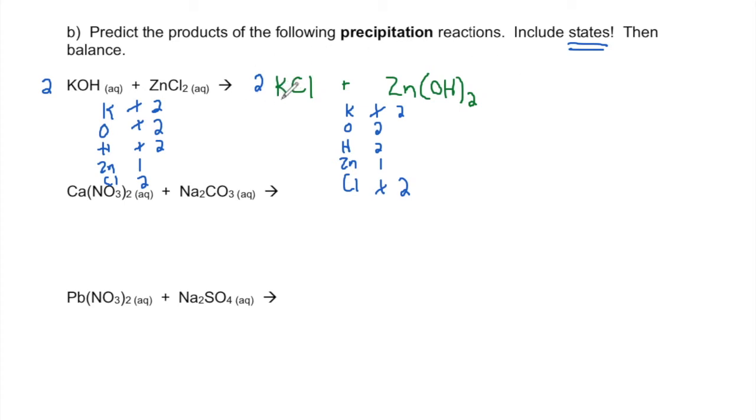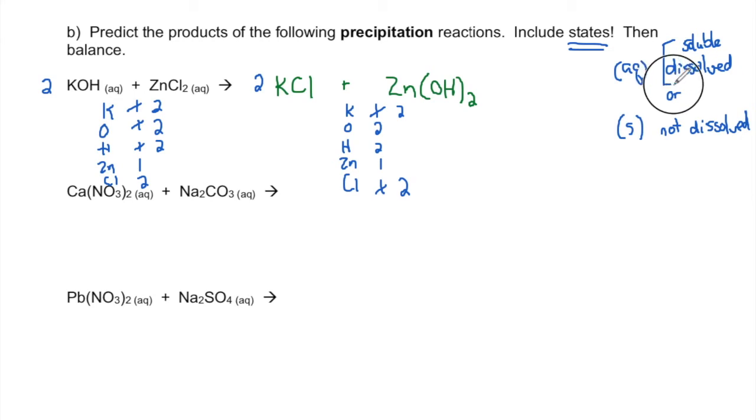We have to tell whether this is aqueous, which is dissolved, or is it the solid precipitate, which is not dissolved. If something is dissolved, it is soluble. So if it's soluble, it means that it can dissolve. And if our compound is soluble, we will label it as AQ, aqueous.